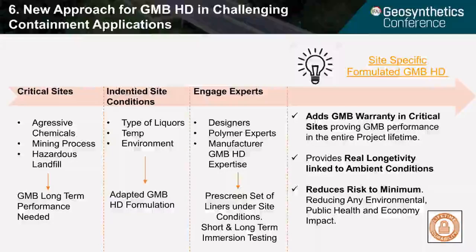To ensure long-term performance of the site's geomembrane, it is very important to identify site conditions and adapt geomembrane formulations, understanding how resin and antioxidant package interact with each other and with the environment they are in contact with.